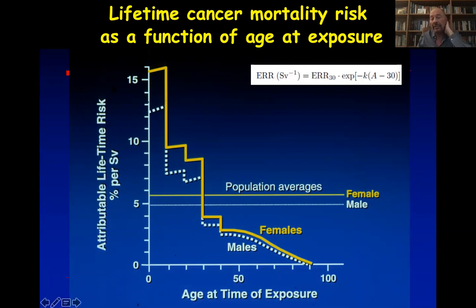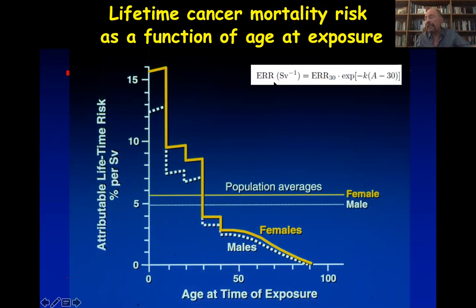And you see that it goes down with age. So the young population is substantially more sensitive than the old population. And moreover, males and females are not quite the same. You see that females tend to be more sensitive, especially at young age. That's mostly because of the breast. They tend to be more sensitive, especially at young age, than males. So overall, females are here and males are here.